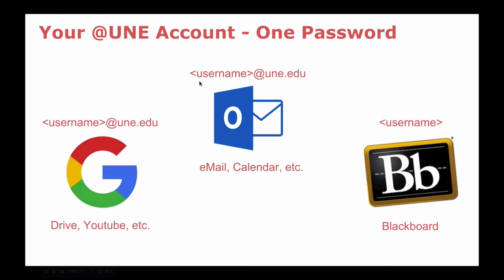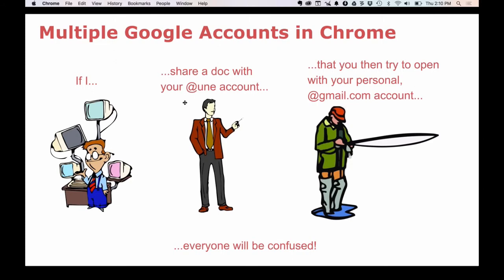Outlook is where you get your mail, and Google is the login for your Google Apps suite, which includes Drive, Google Calendar, YouTube, and all the different Google apps that are turned on here at UNE. What happens, because Google is so ubiquitous, is that I want to share a planning document for course development with a particular instructor, and I share it with that instructor's une.edu address.